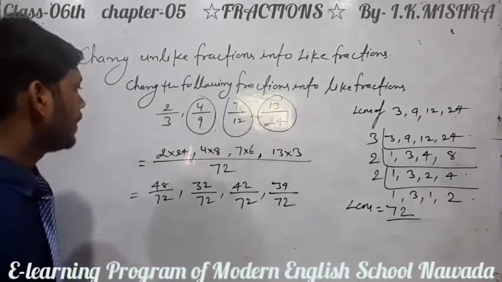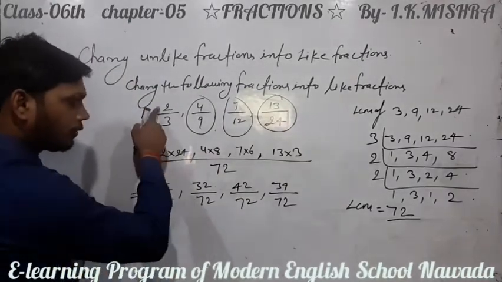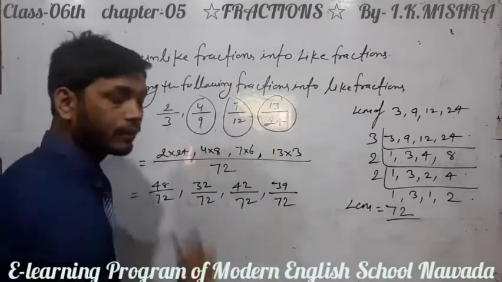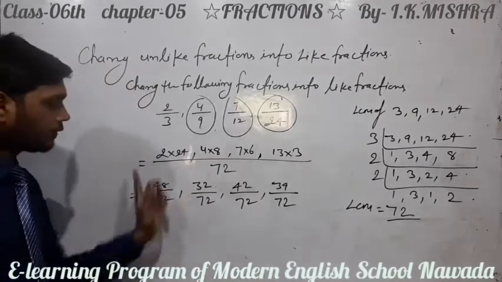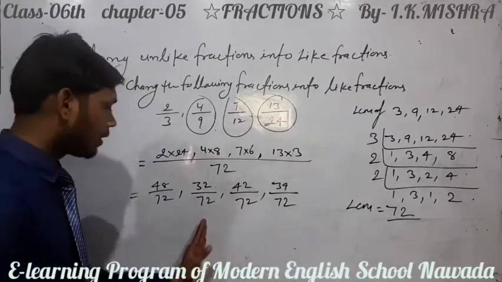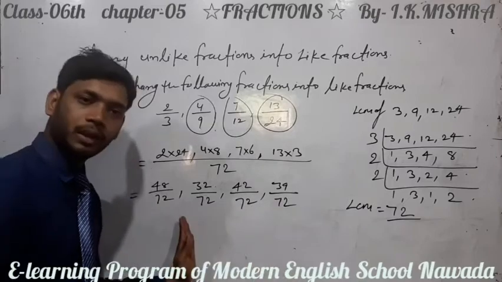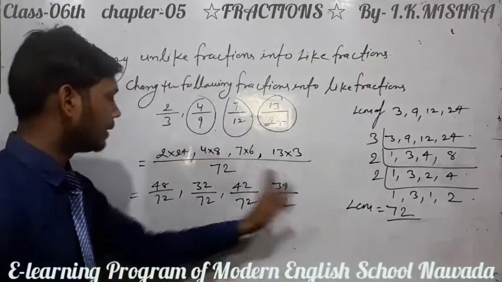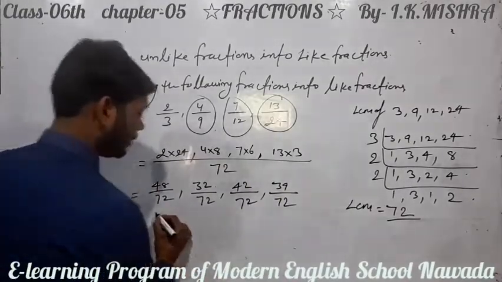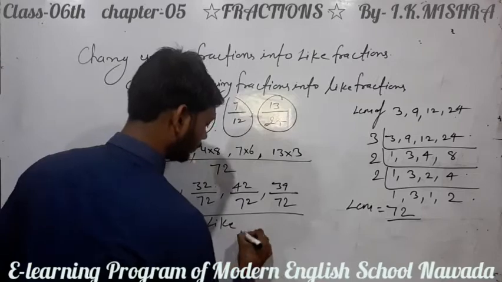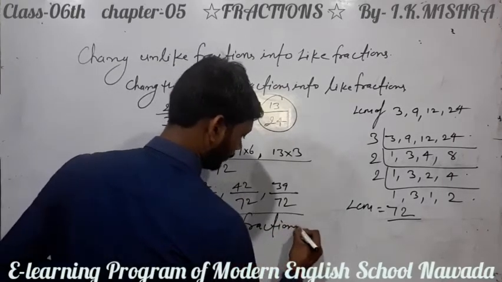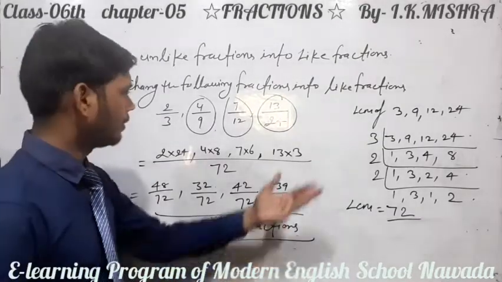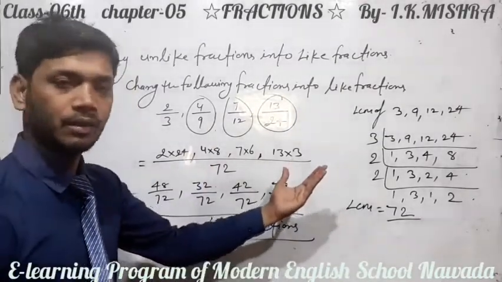Here, students, this is the equivalent of this, this is the equivalent of this, and so on. Observe that all of these fractions have the same denominator 72. So all of these are like fractions. Similarly, you can change other unlike fractions into like fractions.